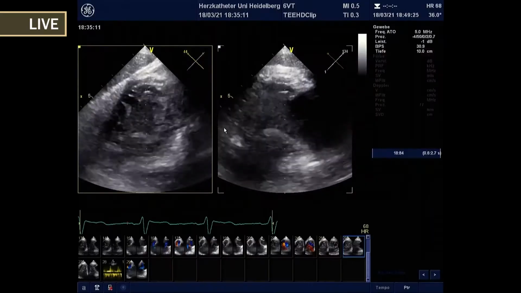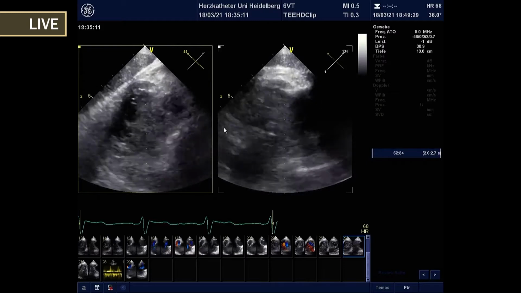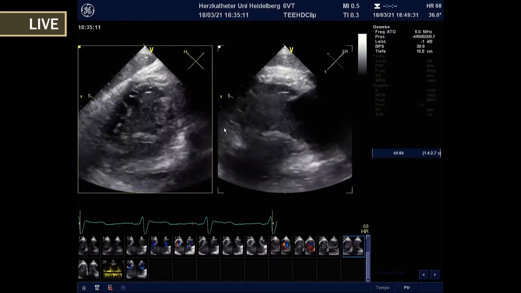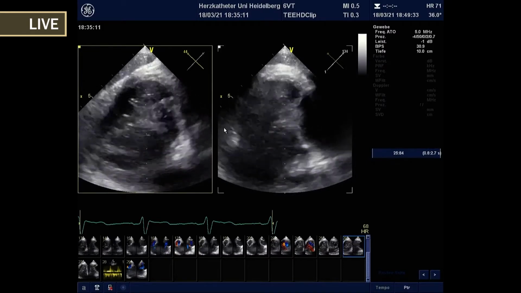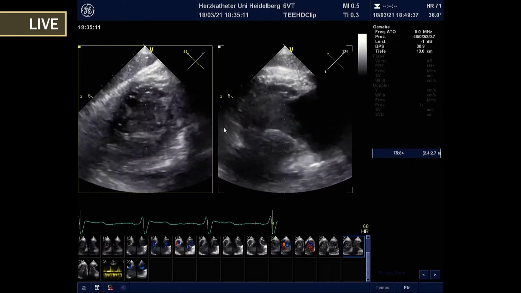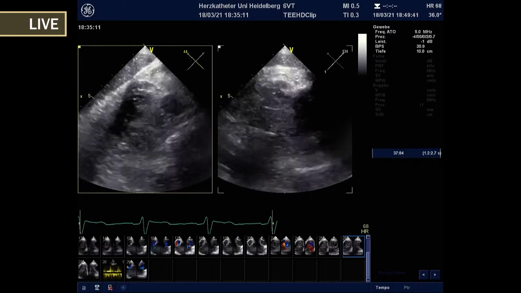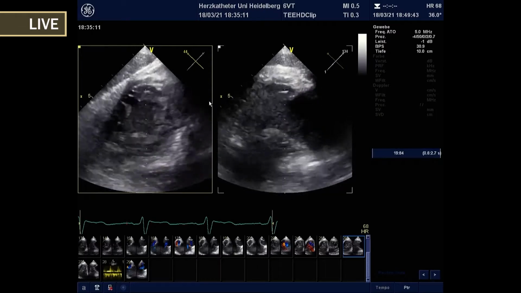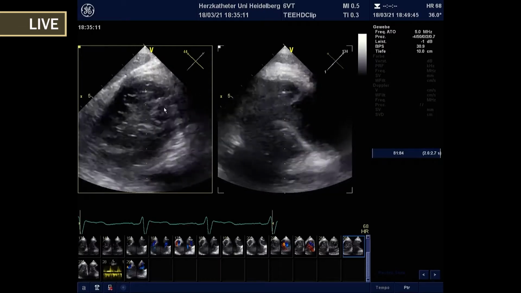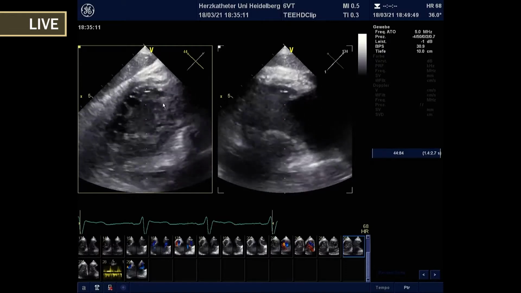Thank you for the introduction. So, well, we have here a case, as Dr. Konstantin mentioned, which is, especially from the echo side, rather challenging due to the cardiac amyloidosis. And as you can see here in our transgastric view, we have the septal leaflet, anterior leaflet, and two scallops of the posterior leaflet.